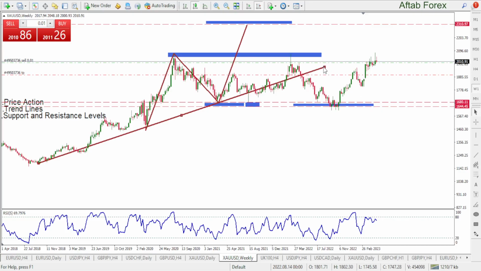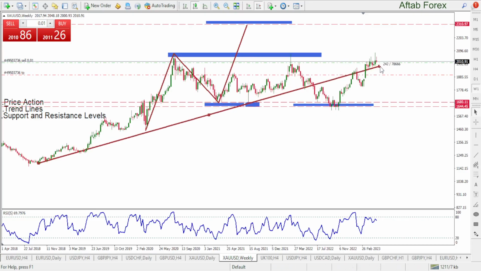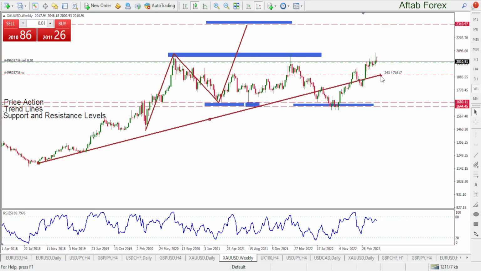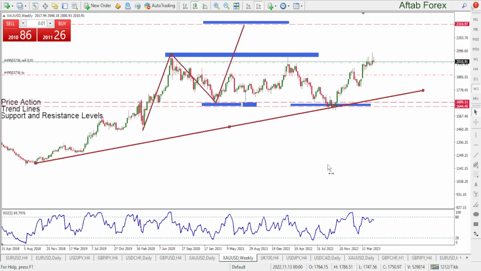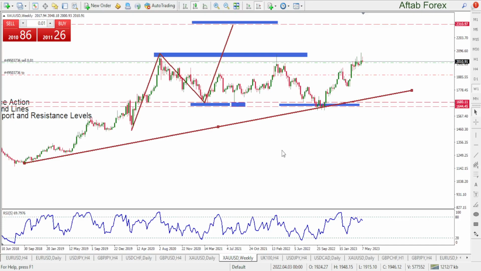If I extend this trend line like this, I will see that we have a re-entry into the price, so I will be able to adjust it like this. This is the overall situation.